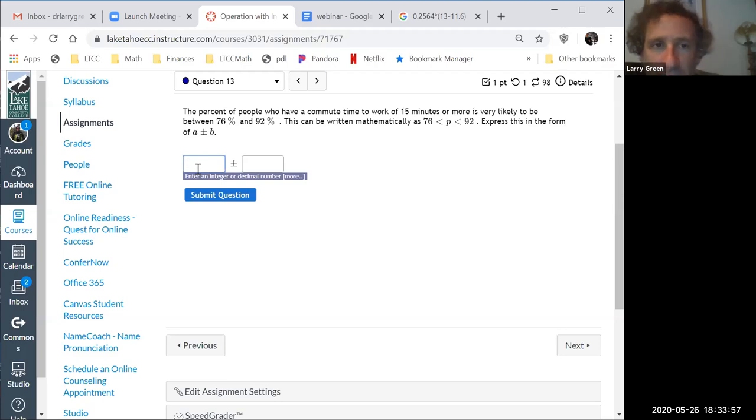Yeah, the midpoint. So these 76% and 92%, those are the left and right endpoints of the interval. And the sample percent is the midpoint of the left and right endpoints. So what is the formula for the midpoint? Because we've had a section on the midpoint before. So how do you get the midpoint when you know the left and right?